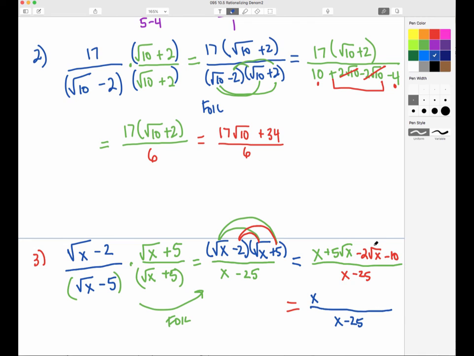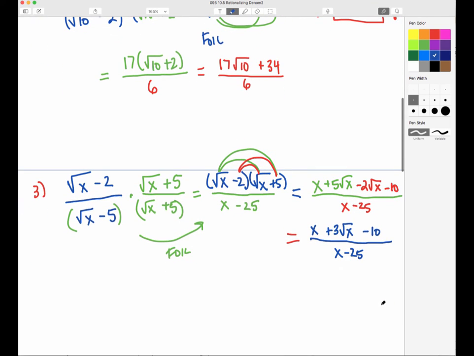They both have square roots of x. We have 5 of them that are positive, 2 of them that are negative, so we end up with a plus 3 square roots of x. And then my last term is negative 10, and it just hangs out. There's nothing to combine there. So at this point, this is our answer.